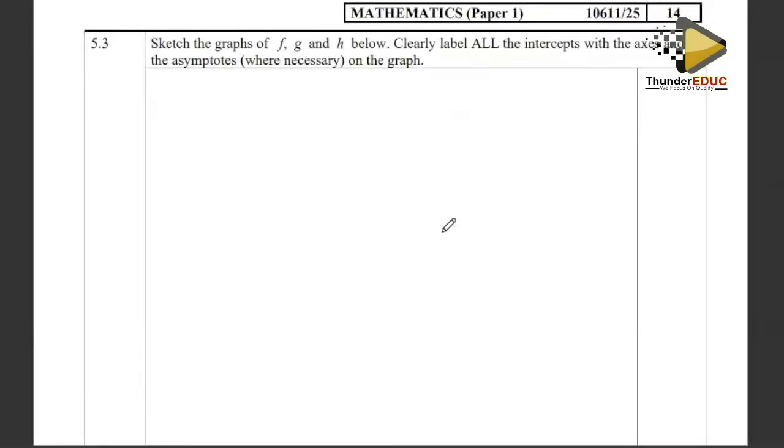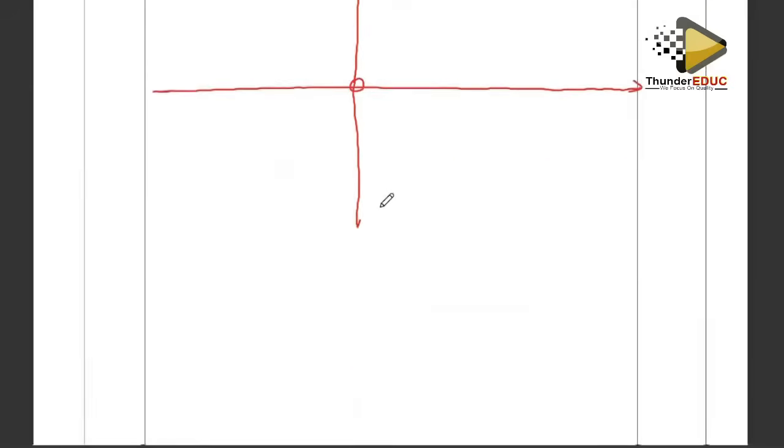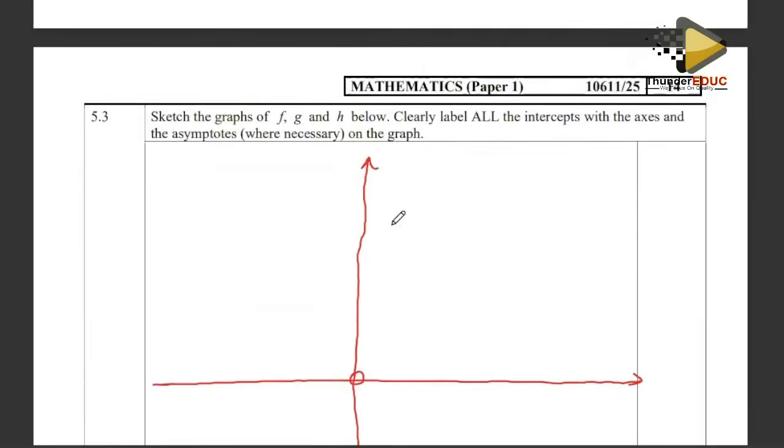Then they want us to do the sketch. Okay. So with the sketch, we're being advised that we must practice sketching graphs using pens. Okay. I'm not going to say anything negative about it, but we just need to be careful. Okay. Let's say we can start with a pencil. When you feel like the graph is now perfect, then you can go ahead and trace it back with a pen.